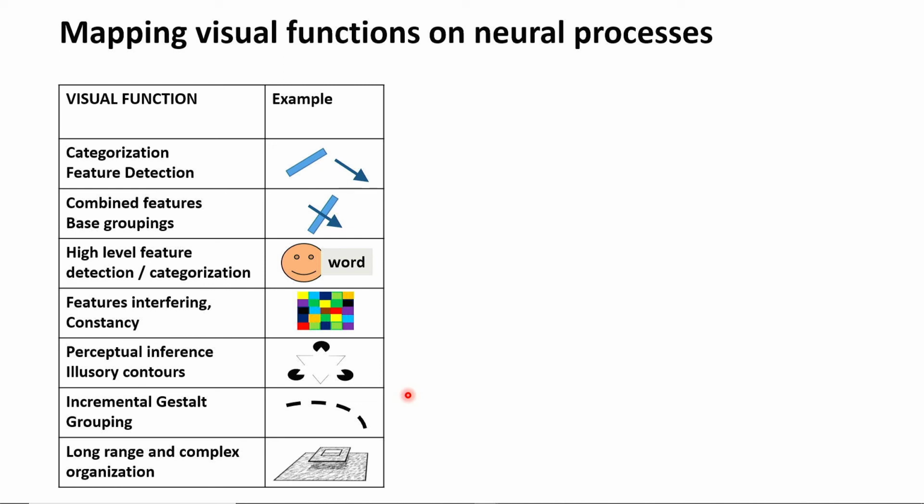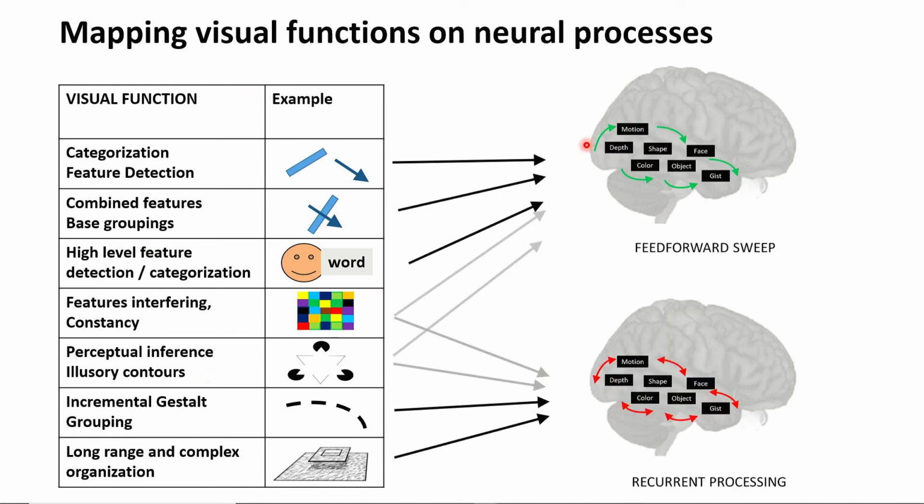In a recent review, I looked at all sorts of different visual functions that either depend on feed-forward activations, like feature detection, base groupings, and high-level feature detection, or that depend more on recurrent processing, like groupings and perceptual organization.